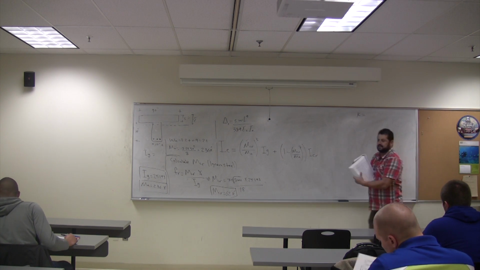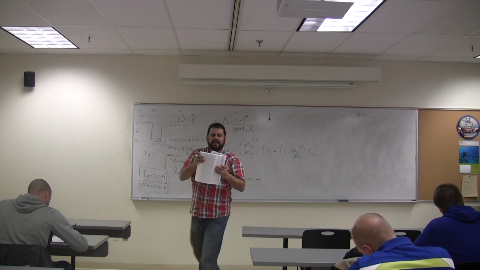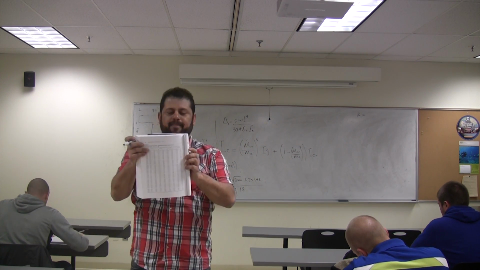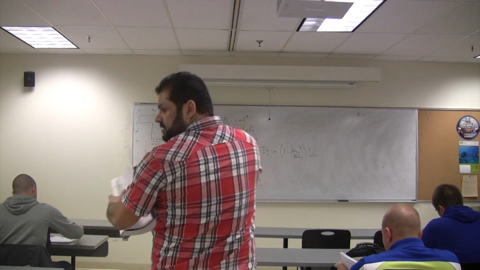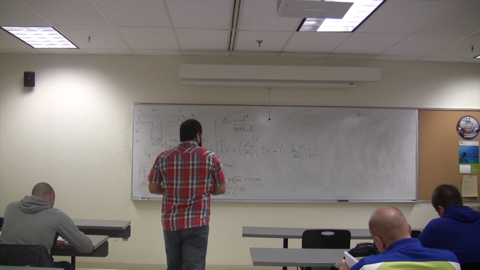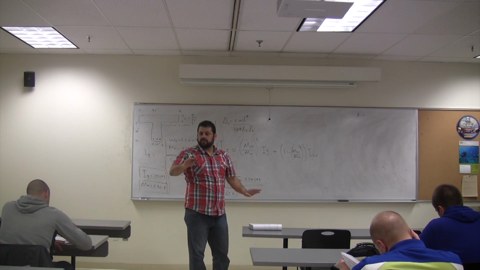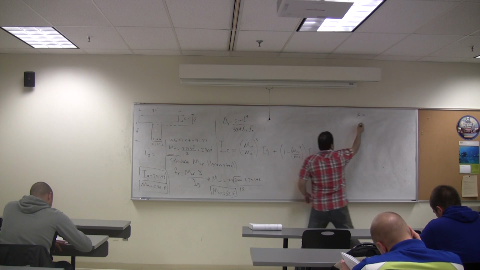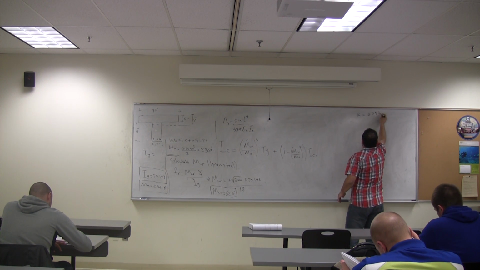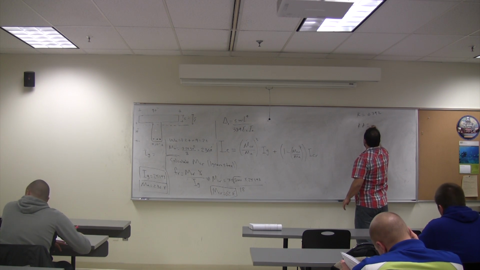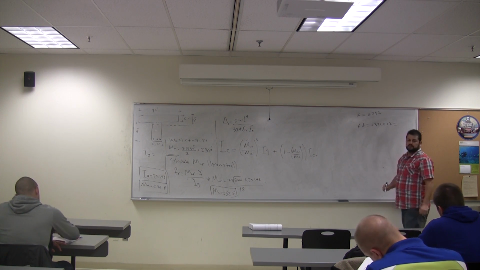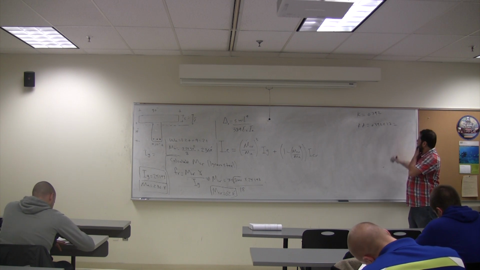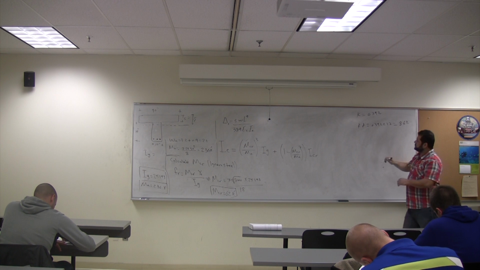Table A6. Calculate K and J from this table. How much do you get? 0.392. That's for K. Good? Now what's KD? 0.392 times 22. So how much? 8.62. Yeah? So this is your section.